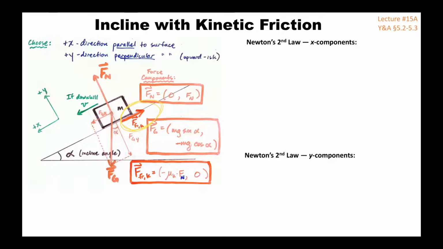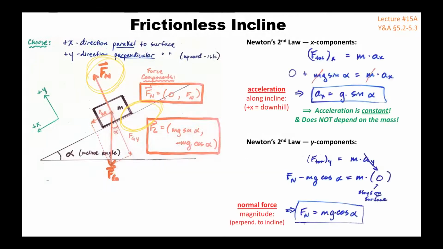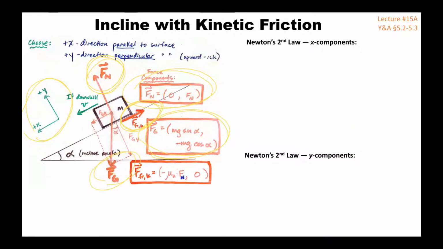Notice how the normal force does not change. If we leave the axes the same, then the normal force components will be exactly the same as well. The weight doesn't change, so if we leave the x and y axes alone, the weight components don't change either. The only thing that's new is the addition of this friction vector right here.